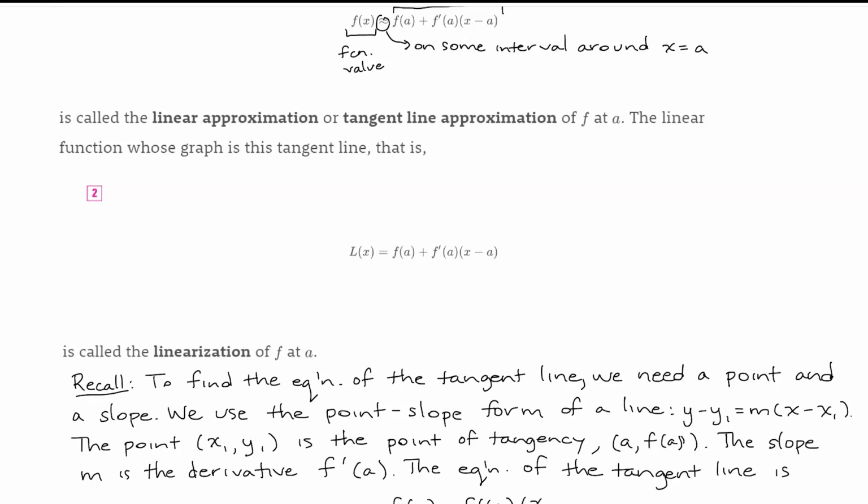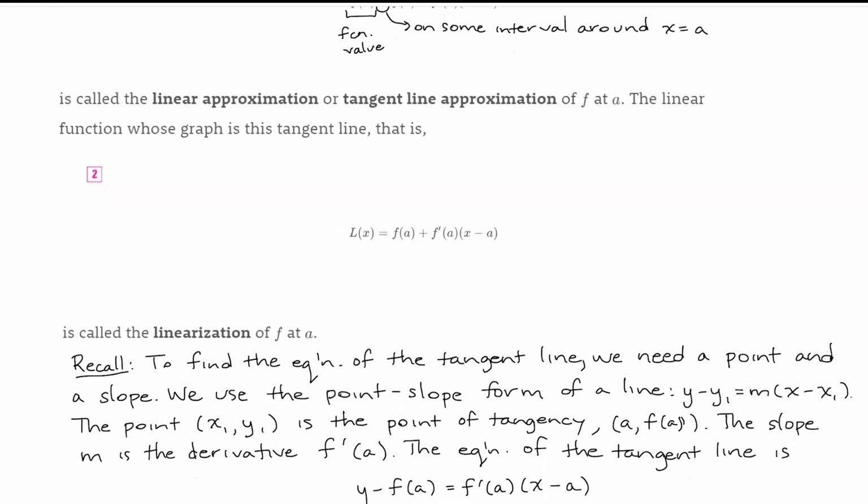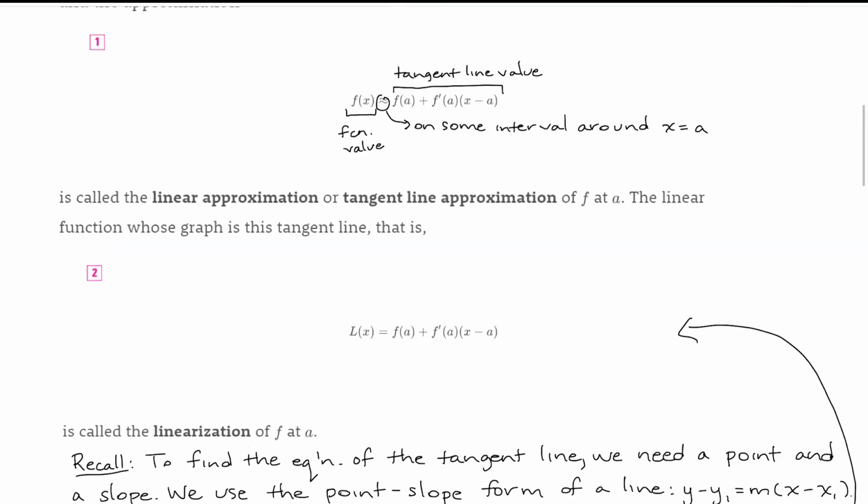So we do y minus y1, which is f of a, equals m, that's f prime of a, times x minus x1, and x1 is a. And of course, what many of you already do right from the get-go is add the f of a over to the right-hand side. Now, we've been used to putting it at the end, but in fact, what your book is doing here is just putting it at the beginning of the right side of the equal sign. Doesn't really matter one way or the other, right? And so again, this is the tangent line equation.